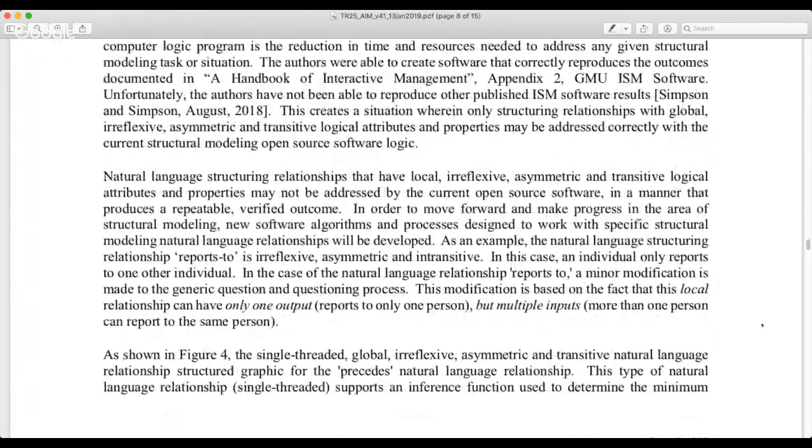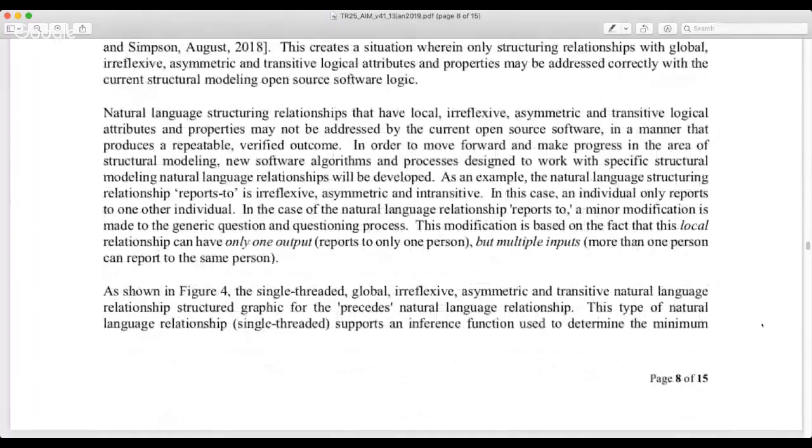So we looked at that a little bit more, and then we defined the idea of a local relationship and a global relationship. And it's looking to us right now that the local relationship really refers more to an intransitive relationship, and a global relationship actually refers to a transitive relationship.